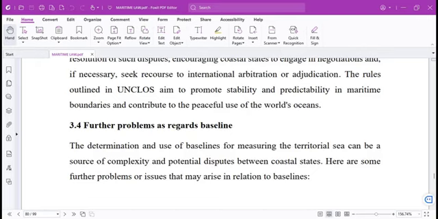Some of them will be highlighted in our subsequent meeting. We shall talk further on the problems as regards baseline.